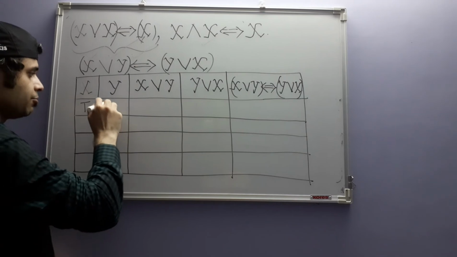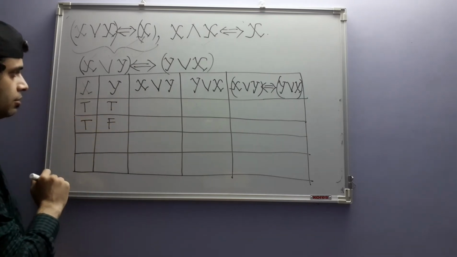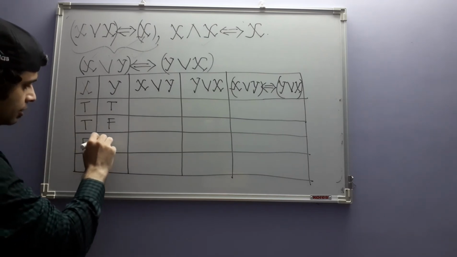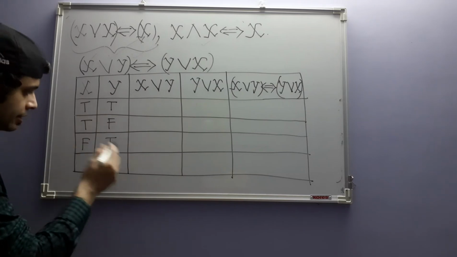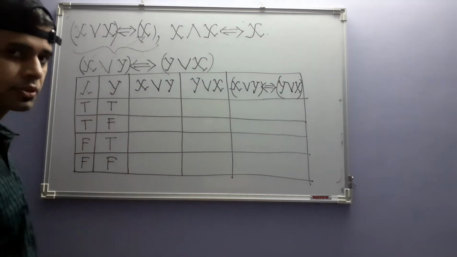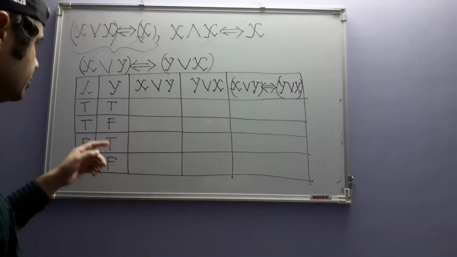At the same time, Y can either be true or false. Or X can be false, and at the same time Y can be true or false. So these are the four possibilities.